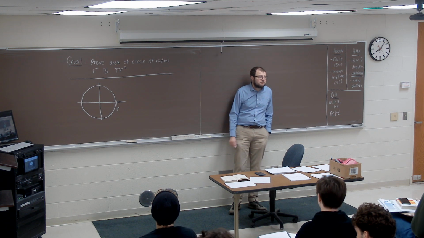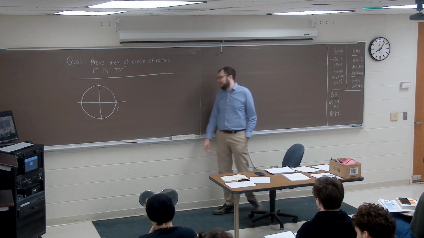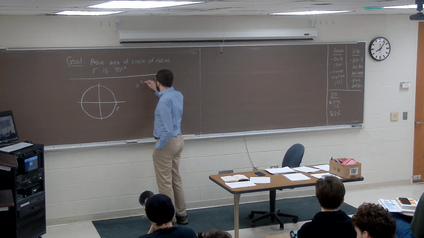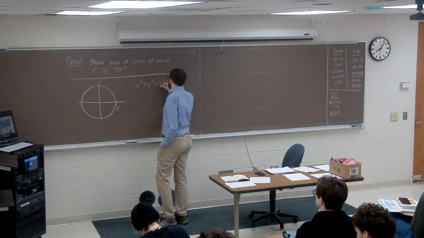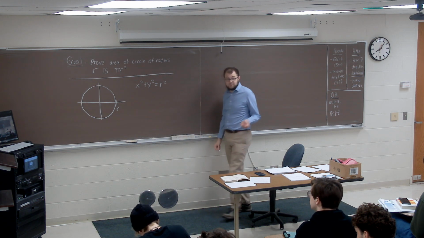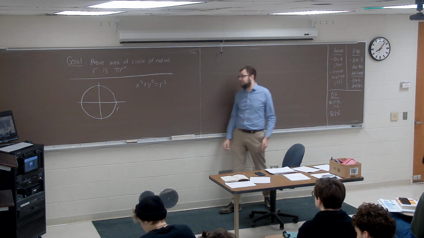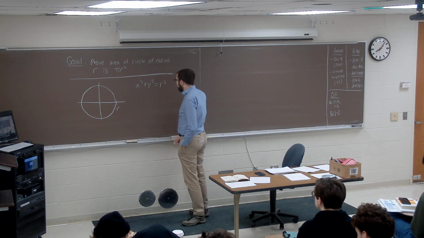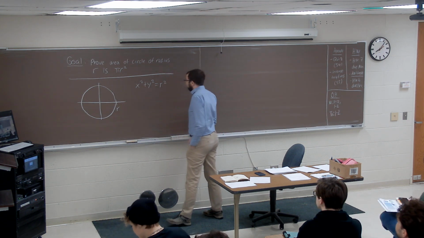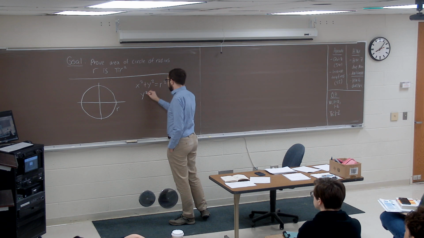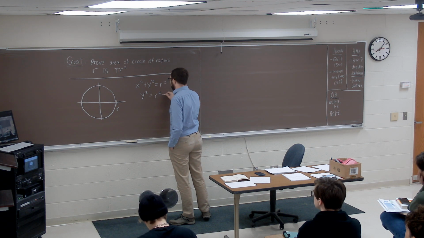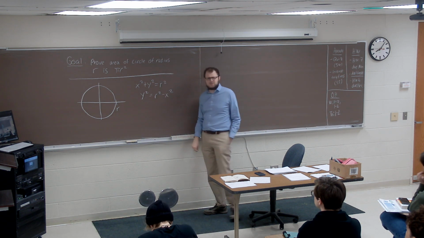Kathy? X squared plus y squared equals r squared. Yeah, we would get that x squared plus y squared is equal to r squared as a formula for a circle of radius r. Which if we then wanted to solve for y, would give us y squared is equal to r squared minus x squared.